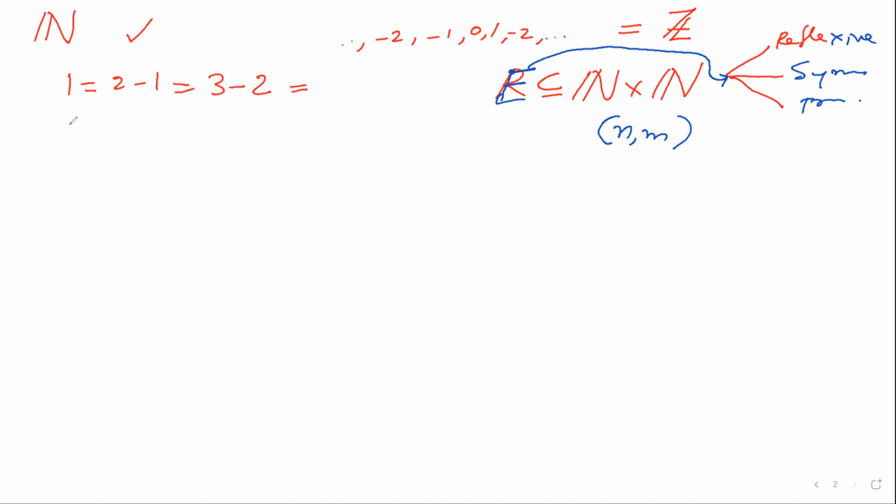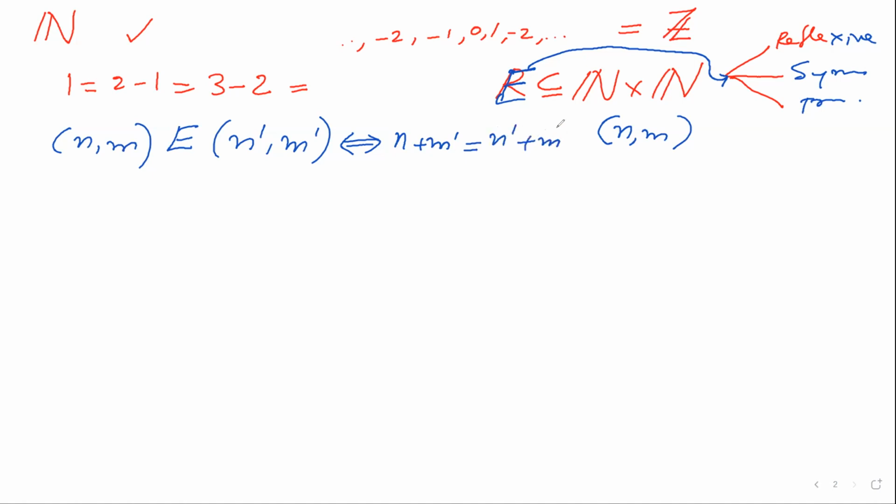This is how they are related. (N, M) is E related to (N prime, M prime) if and only if N plus M prime is N prime plus M.